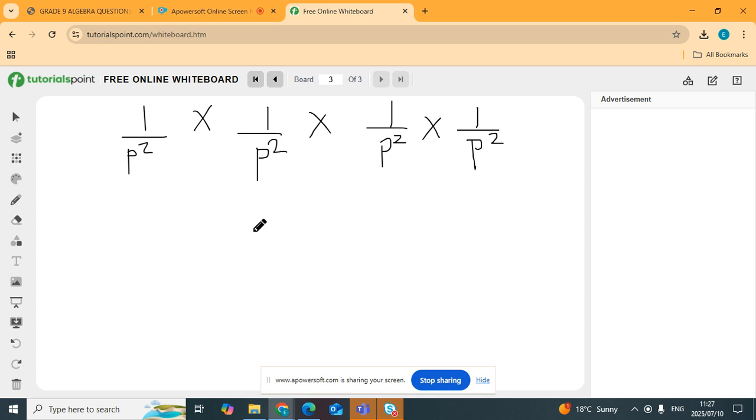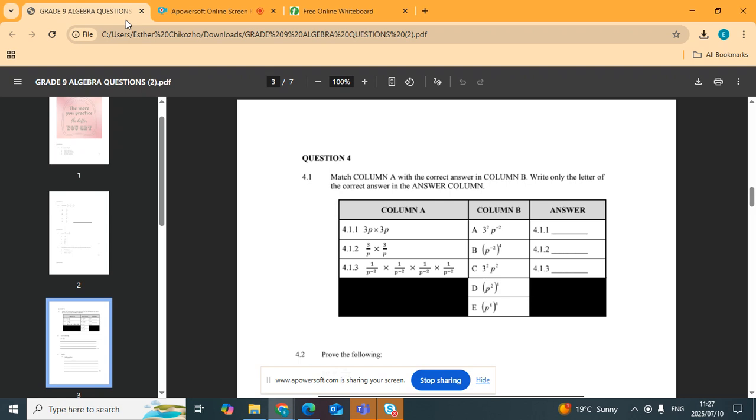Now, this ends up as 1 over p to the power 2 raised to the power of 4, right? If we have 1 over p squared, this is the same as p to the power of minus 2, and then you raise it to the power of 4. So in essence, if you actually try solving this, you get p to the power of minus 8. Now, let us look for an answer that is closest to this. It's going to be B. So for 4.1.3, you're going to put B.